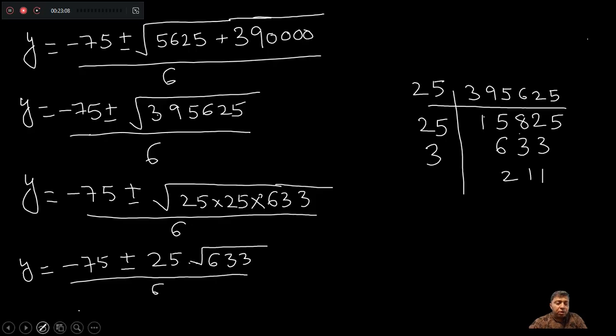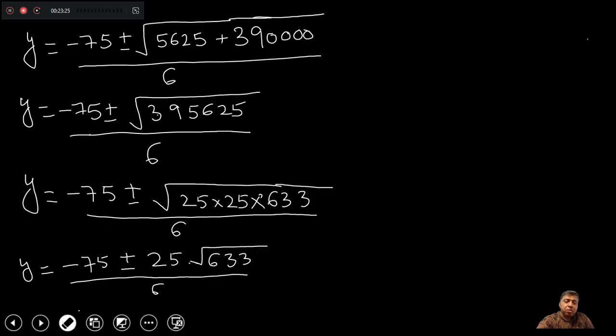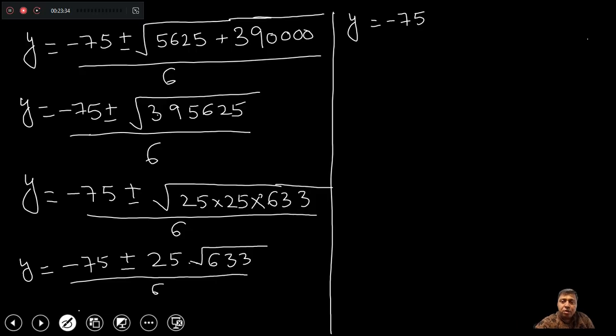Let me remove this part. So y is equal to minus 75 plus minus 25 into square root of, we can write 633 as 6.33 times 100, upon 6.